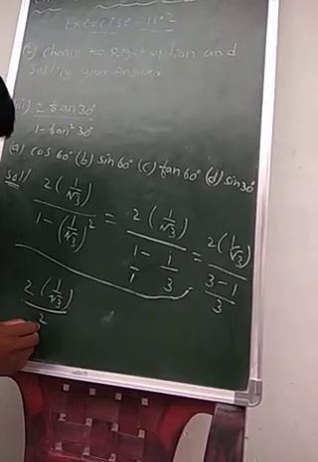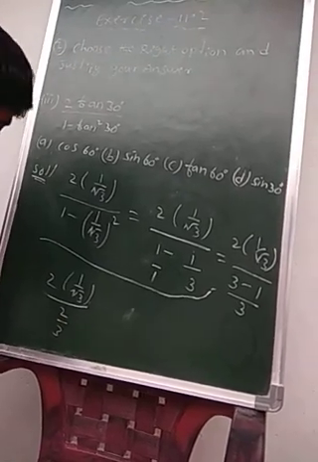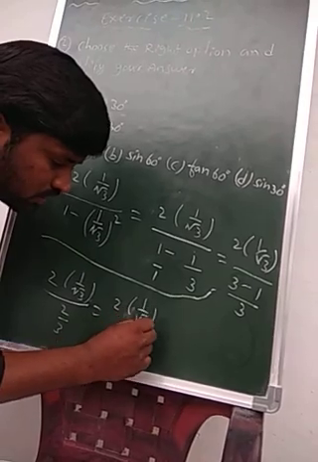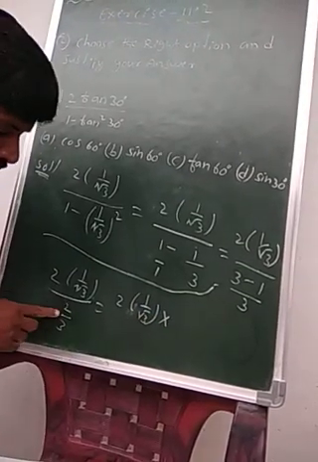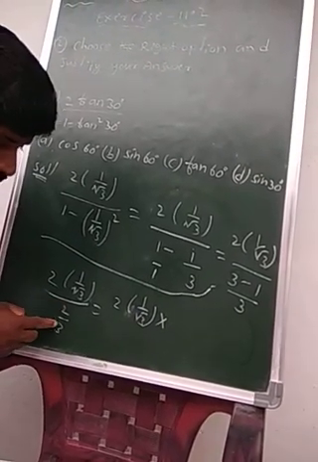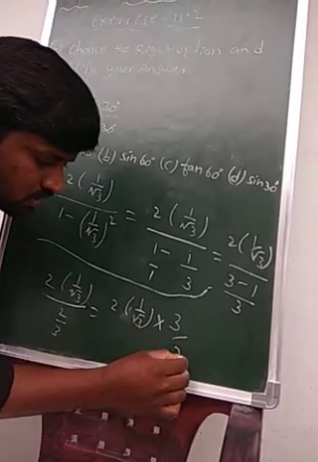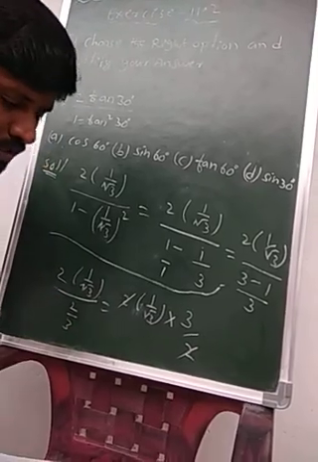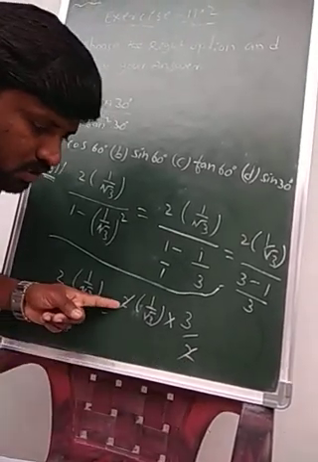That is 2 by 3. Now I am writing 2 of 1 by root 3 into 2 by root 3. The reciprocal of 2 by root 3 is what? That is 3 by 2. So we can write, 2 cancel. We can cancel 2 and 2.